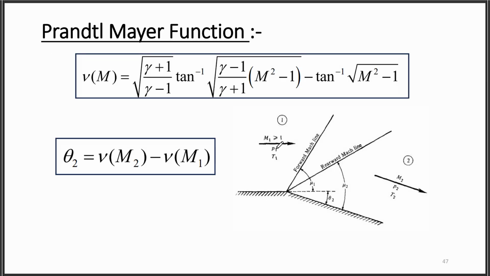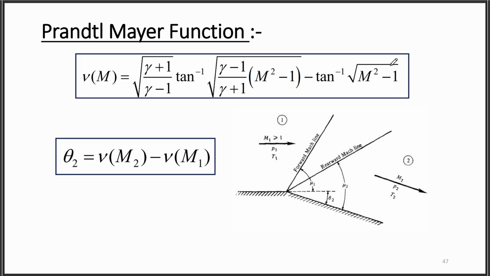Now let's say we know M1, so we can find the Prandtl-Meyer function for this Mach number, which is nu(M) equal to under root (gamma plus 1) upon (gamma minus 1) times tan inverse under root (gamma minus 1) upon (gamma plus 1) times (M square minus 1), minus tan inverse under root (M square minus 1).